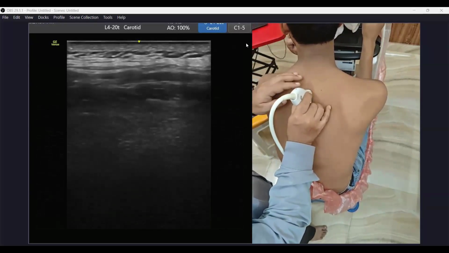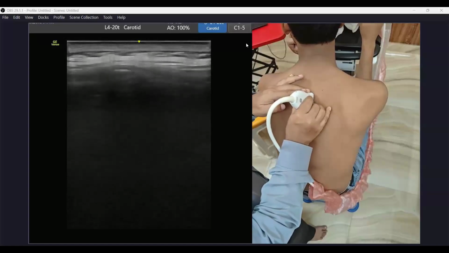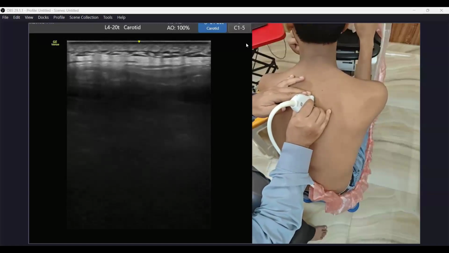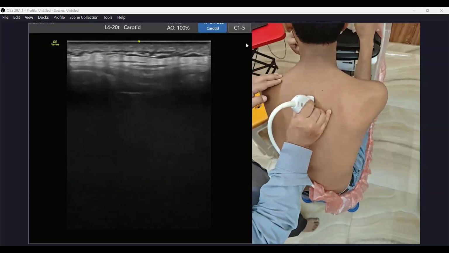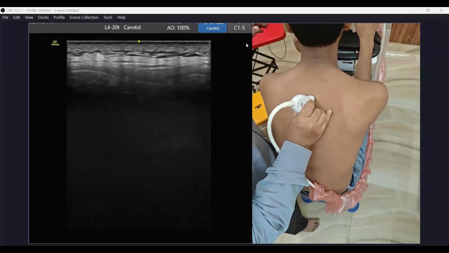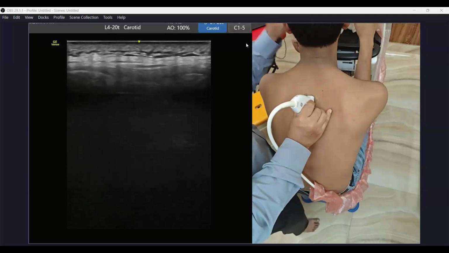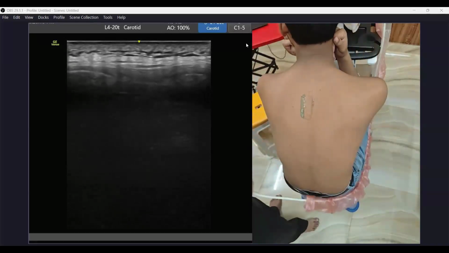So remember the midline view. It is a bit difficult to see the midline portion, because the spinous process is a bony structure, it will show anisotropy because it is not a directly straight picture.